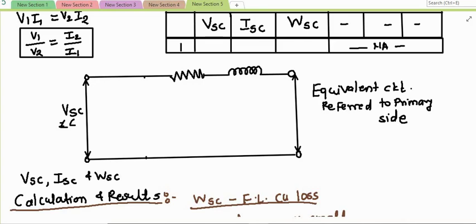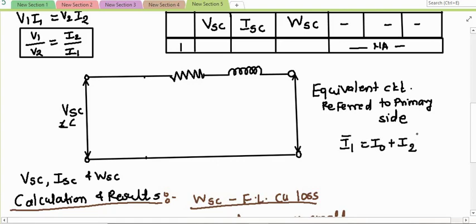So as the applied voltage is very small, the primary current has two components. Primary current is the vector sum of your I0 and I2 dash. So I0 is negligible in comparison with the load component of your primary current because your VSC is very, very small. Hence the shunt circuit consisting of R0 and X0 I have totally omitted from this equivalent circuit.